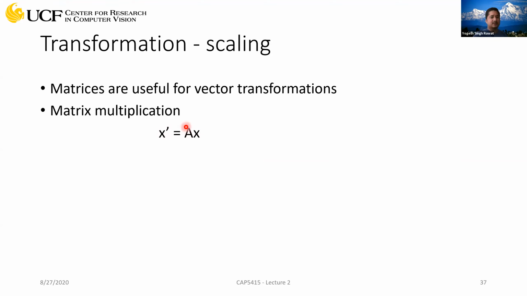So this matrix A will represent some kind of transformation which we are interested in. And the idea here is, given an input vector, after performing this transformation, we'll get a vector which will have that transformation. Even though this is a vector, you'll have to do this matrix multiplication.